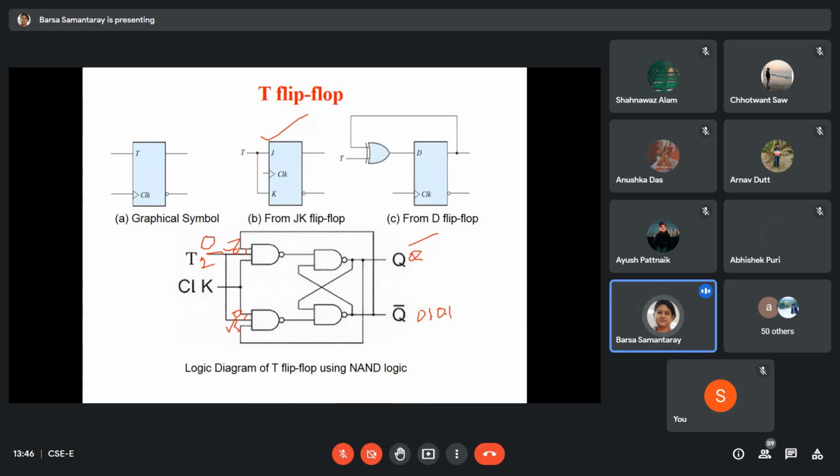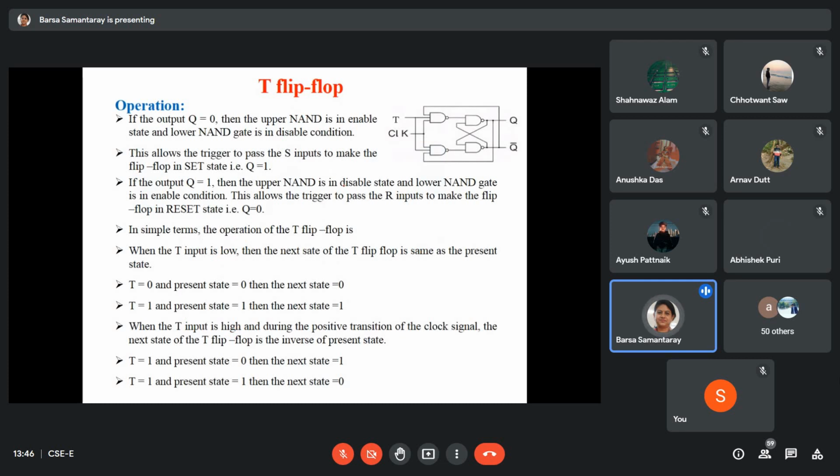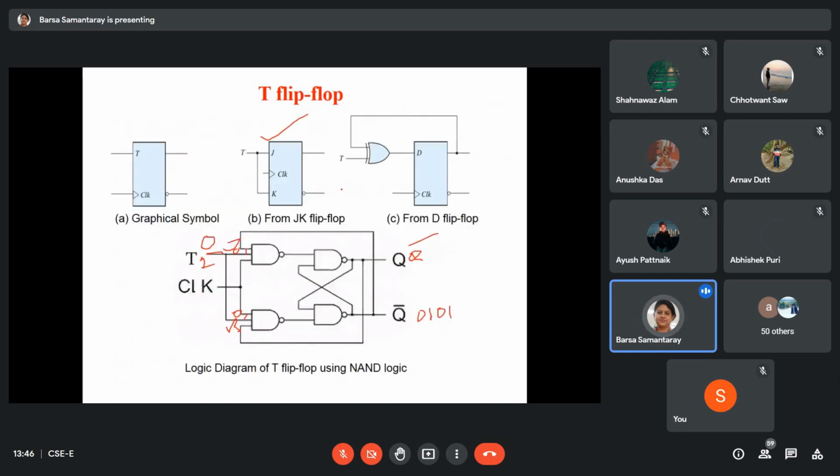One is master, another is the slave flip-flop. So we use the master slave flip-flop to avoid the race condition. Okay, you just know this one. Maybe sometimes in the questions you will face this. Otherwise, details are not required. If any questions come, then we will discuss that.